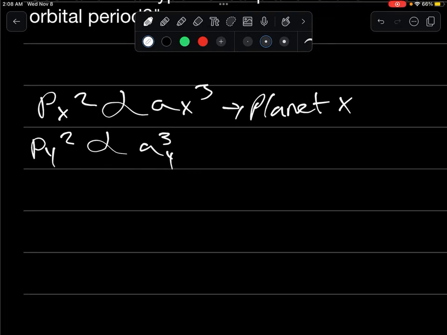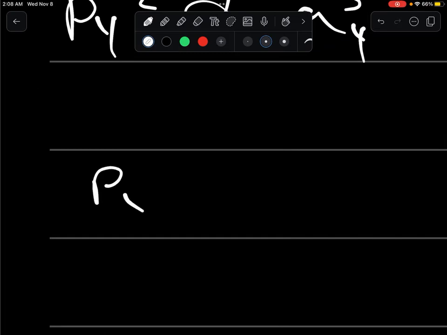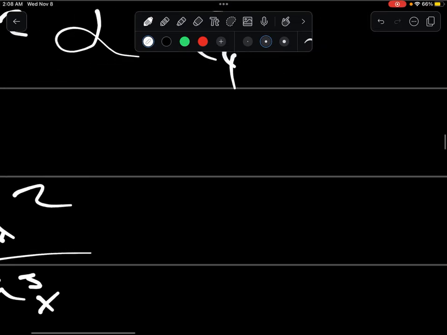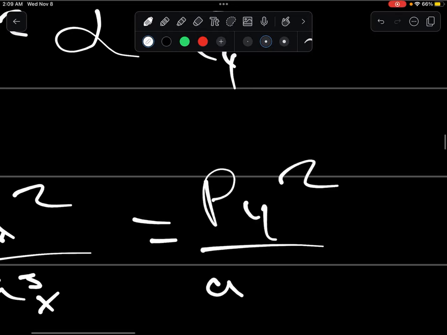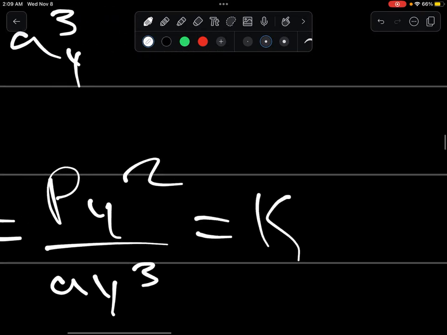By introducing k, we can equate the relationships for both planets. And this constant is the same for all planets orbiting the same star, as it's dependent on the star's mass and the gravitational constant. So what we'd actually write out is p sub x squared over a sub x cubed equals p sub y squared over a sub y cubed equals k.